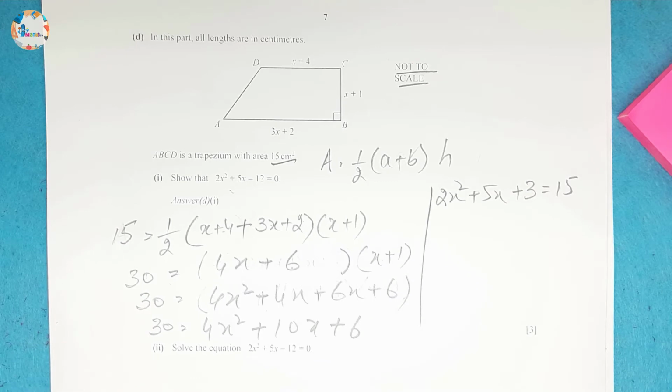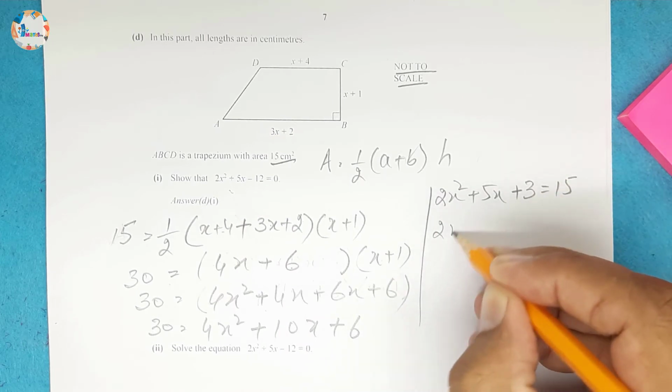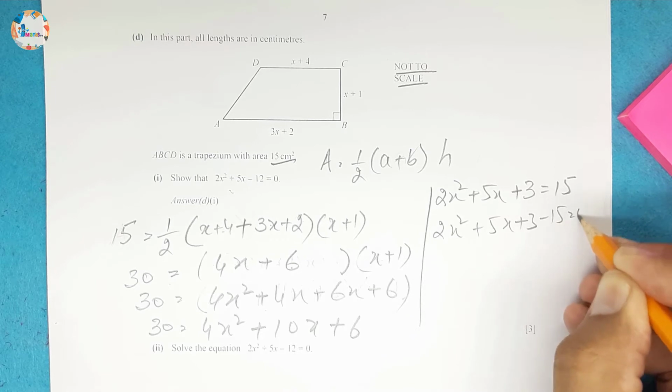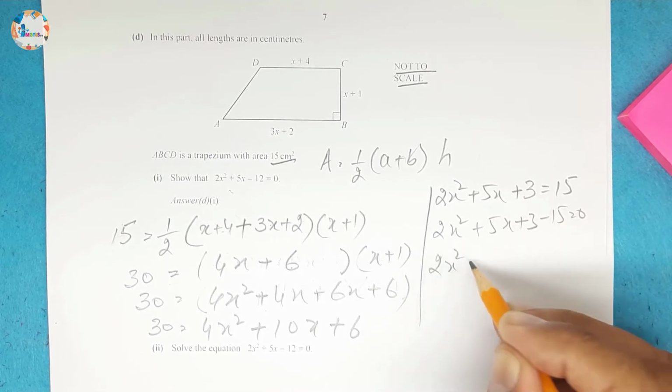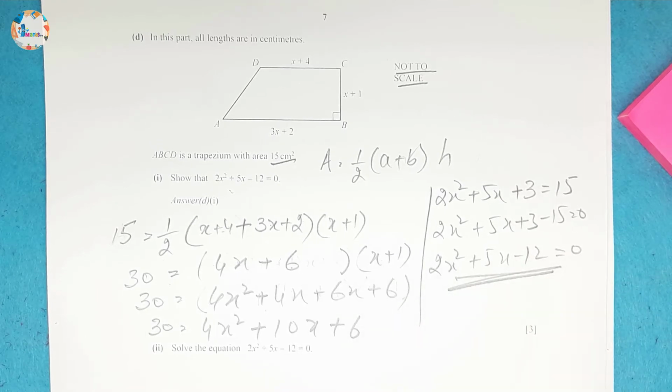So next 3 we can shift to the other side, basically 15 we can shift. So 2x squared plus 5x plus 3 minus 15 is equal to 0. So 2x squared plus 5x minus 12 is equal to 0. This will be the final required answer.